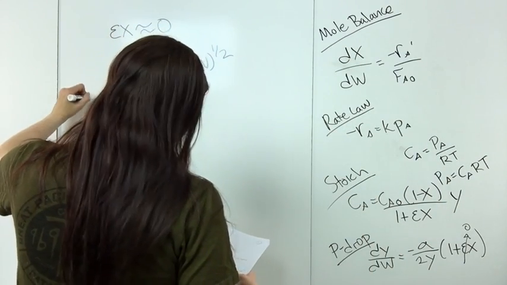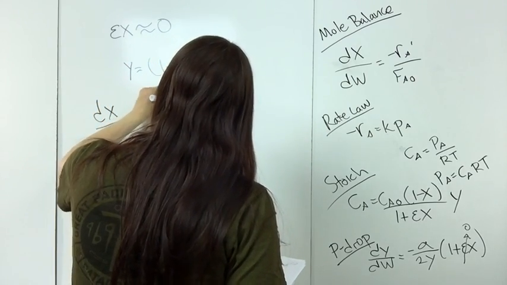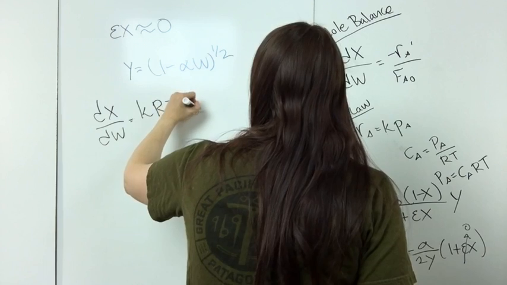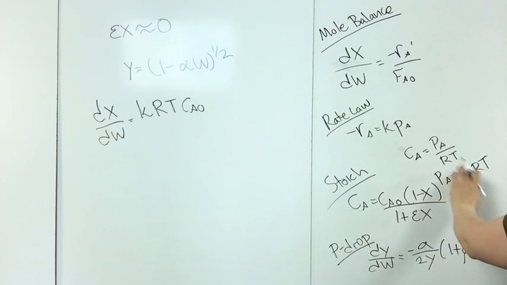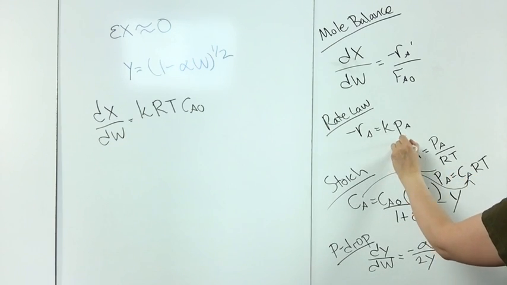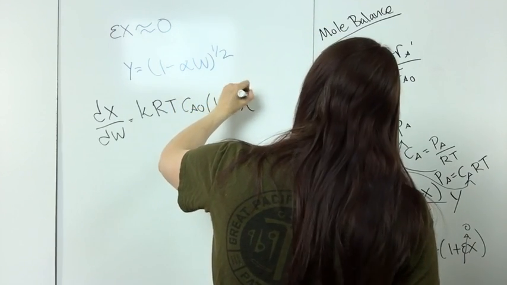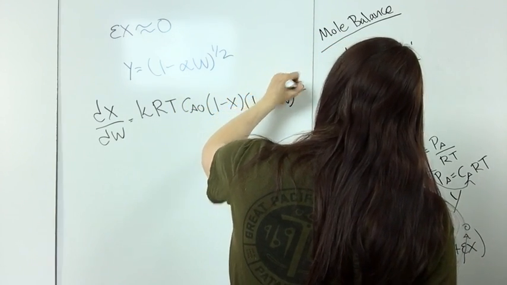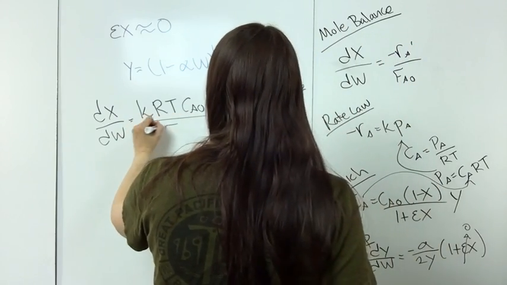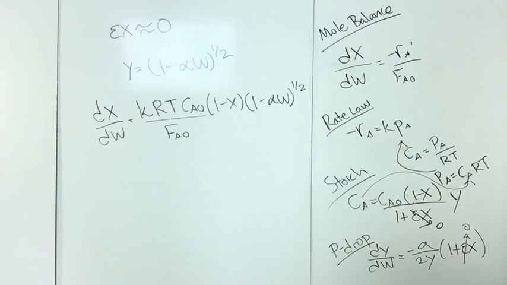Combining all that, I get dX/dW equal to k RT Ca naught (1 minus X)(1 minus alpha W) to the 1/2, all over FA naught. I also said this was 0 when I assumed epsilon X equals 0, so Ca just became Ca naught (1 minus X) y.